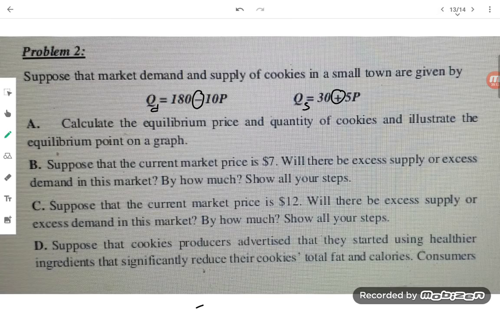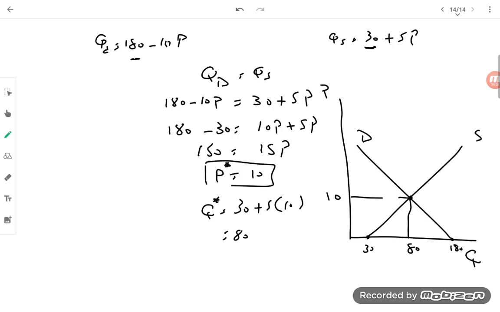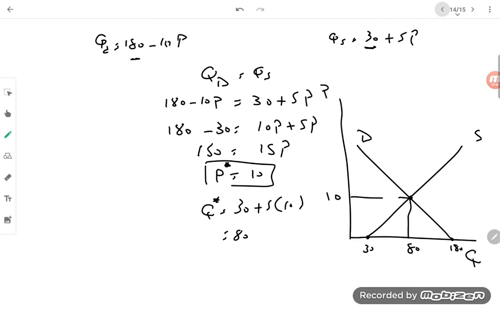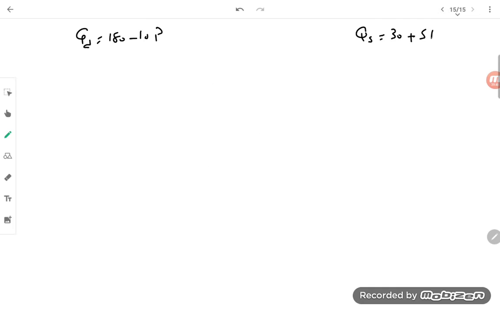Requirement number 2. Suppose that the current market price is 7. Will there be excess supply or excess demand in the market and by how much? In order to identify whether there is excess supply or excess demand, we have to find the quantity demanded and the quantity supplied and compare them in order to identify which one of them is greater than the other. So QD equals 180 minus 10p and QS equals 30 plus 5p at price 7.